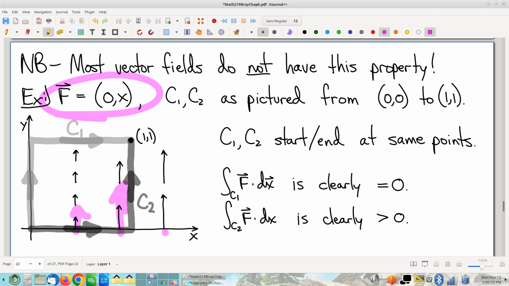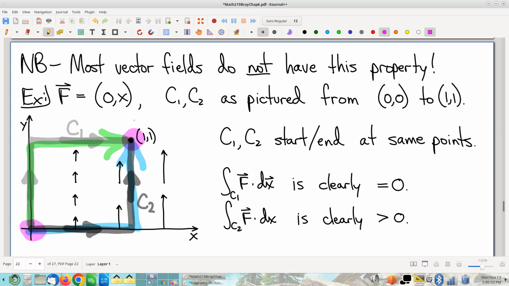The field vectors get longer the more you go to the right, all of the field vectors point up. Easy to persuade yourself that's what that vector field looks like. Let's look along a couple of different paths. Right? Here's a first path. Here's a second path. They start at the same point as required. They end at the same point as required.